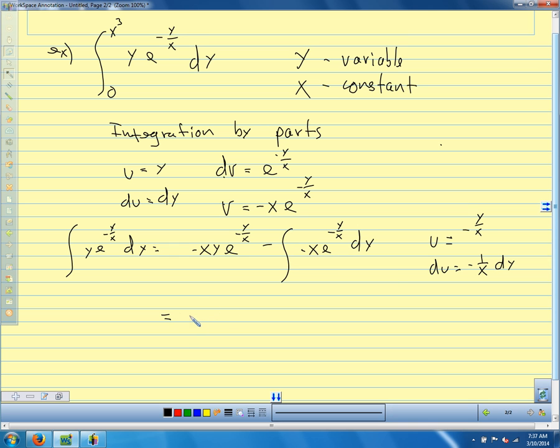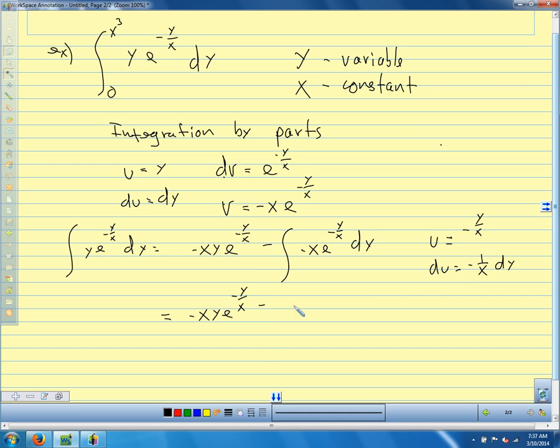This evaluates to, we end up with the minus xy, e to the minus y over x. And I need to leave my negative sign here because my negative inside comes from my du here.